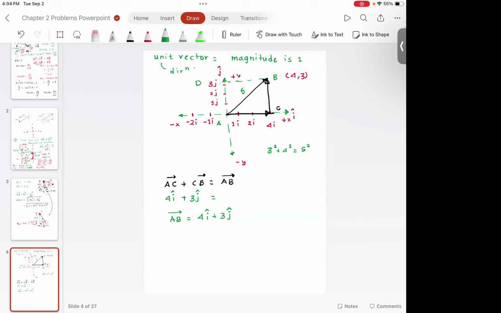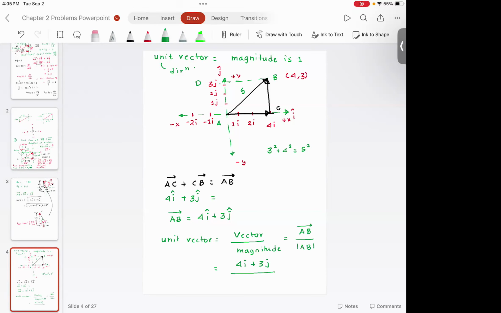To find the unit vector of AB, remember, a unit vector is always given as the vector divided by the magnitude of the vector. What do I mean by magnitude of the vector? This vector is 4i plus 3j, so I'm going to call this AB, divided by the magnitude of AB.